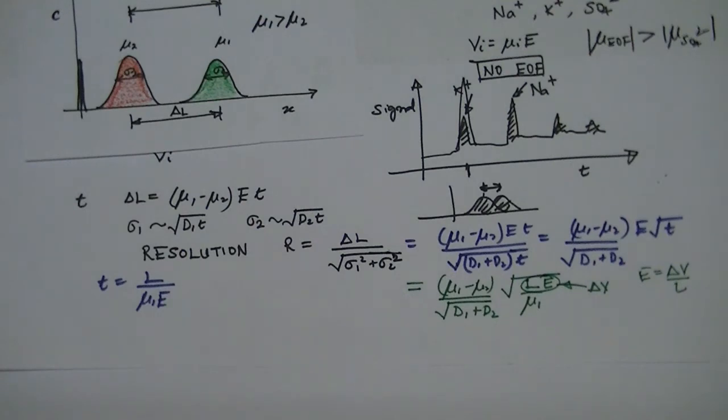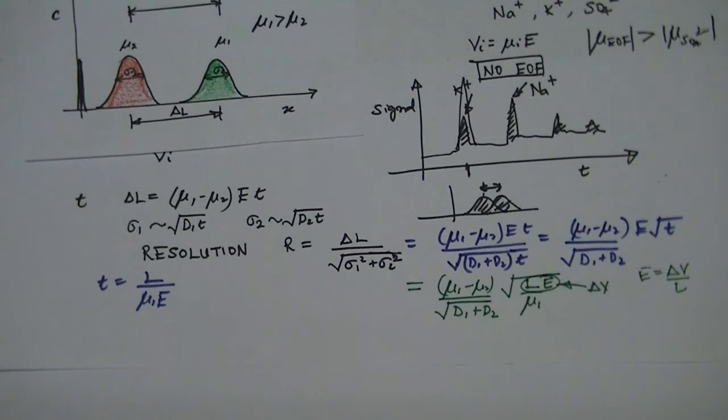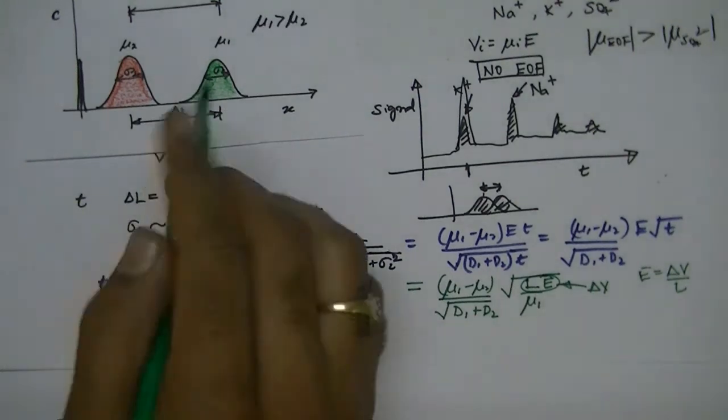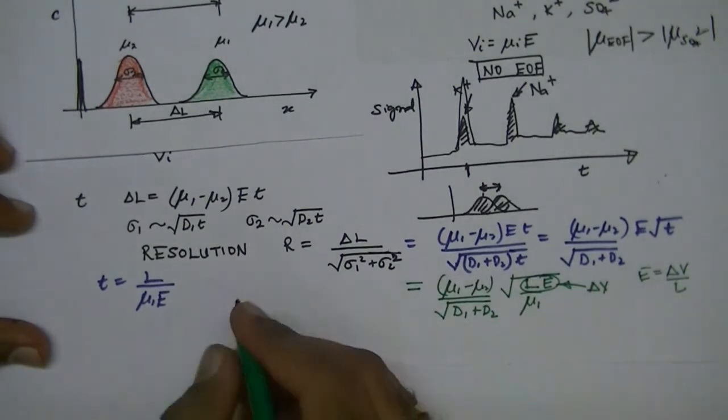Also, if you have larger mobility difference, then you can get better separation, and that's obvious because the peaks would move at a relatively higher relative velocity. So one thing that is clear over here is that if you need better separation, you need higher voltage drop, and typically we use very high voltage drops for electrophoresis.